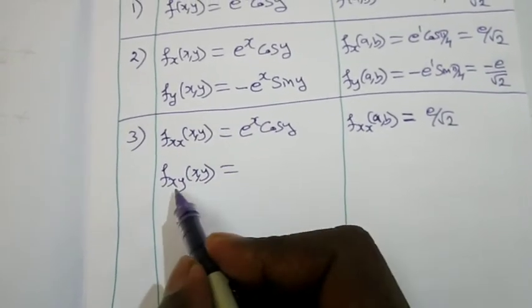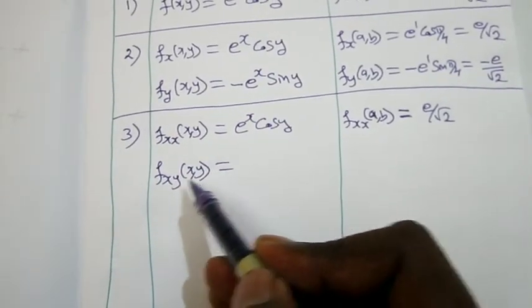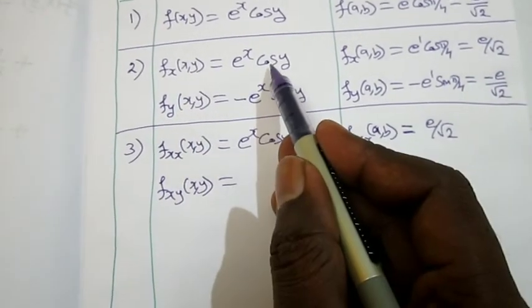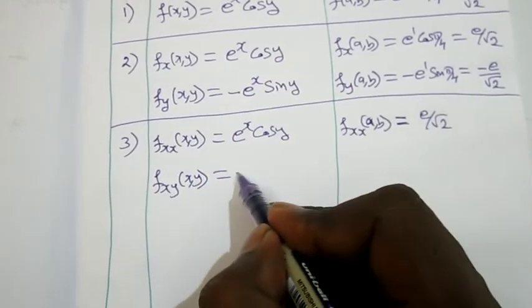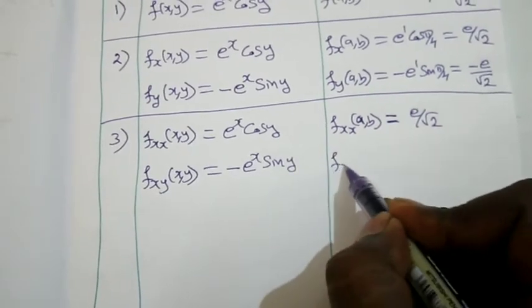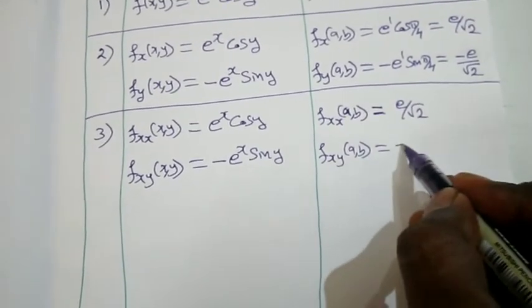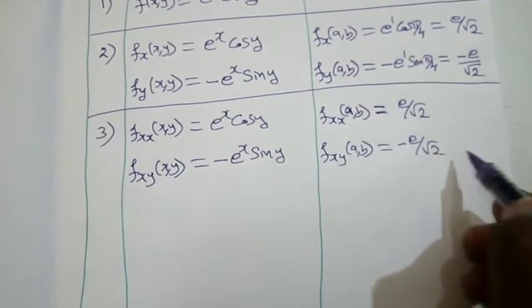Already we found fx, and here I want to differentiate with respect to y. Cos y differentiated is minus sin y, so it is minus e power of x sin y. So that fxy of a comma b is minus e by root 2.